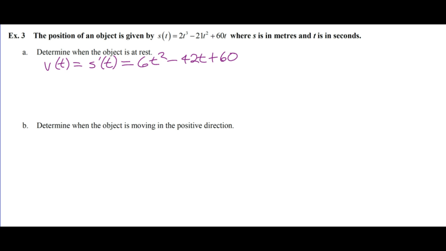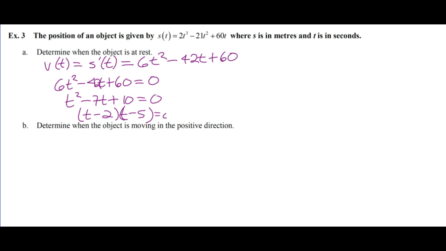Okay, so then what are we going to do with this? We're going to set it equal to 0. And we're going to hope that this one factors. So t squared minus 7t plus 10, that was a 42. Okay, so that does factor.